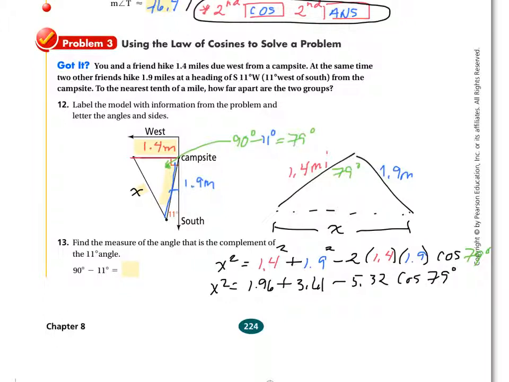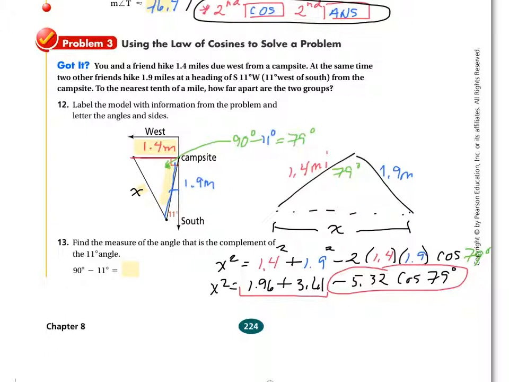Our whole goal is to get this term right now by itself. So if I want to get that term by itself, I need to add these two together. What does that give me? Oh, actually I don't need to do that because I know the cosine is 79. Pardon me. I don't need to know that, right?